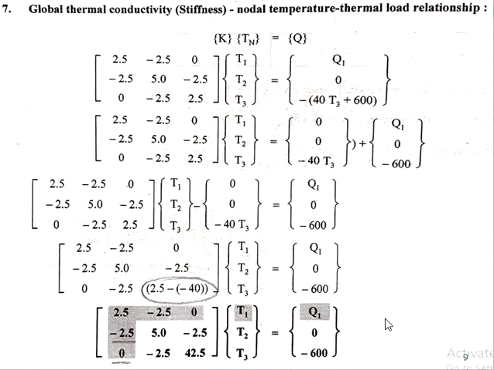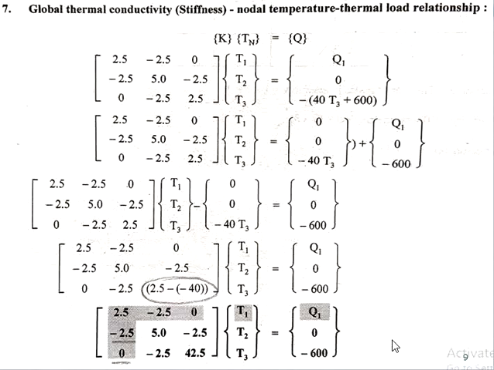But here the Q1 value is unknown. If there is a known value, we can directly cut it and convert this 3 by 3 matrix into a 2 by 2 matrix, and we easily solve it using simultaneous equations.